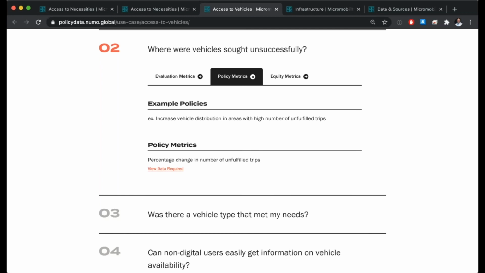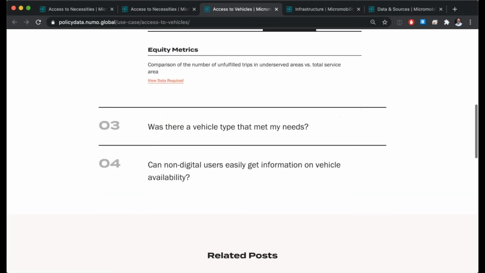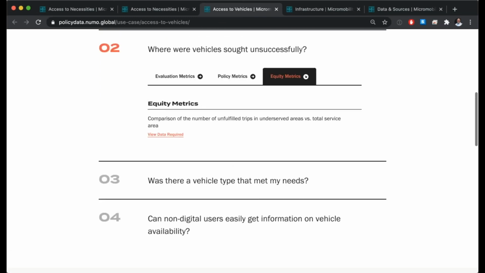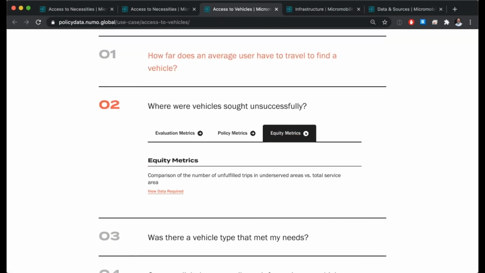And then the metric for that policy would be the percentage change in the number of unfulfilled trips. That gets you part of the way to the question, but then the real question may be the equity question, which is the comparison of the number of unfulfilled trips in underserved areas versus the total service area. So we've tried to include that as well.